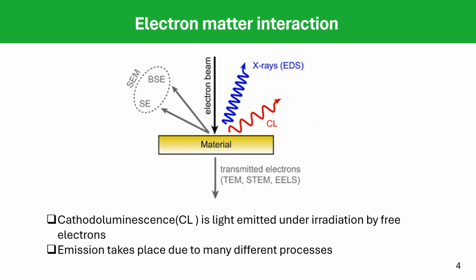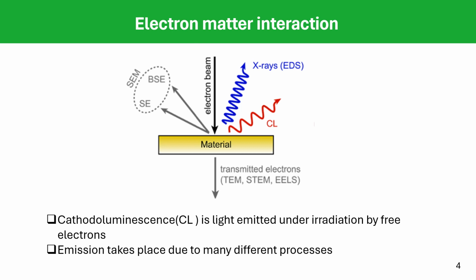A high energy electron beam can scatter to result in low energy secondary electrons, or it can scatter to result in high energy backscattered electrons also. These are the two kinds normally detected inside a scanning electron microscope. We study these types of phenomena in SEM.